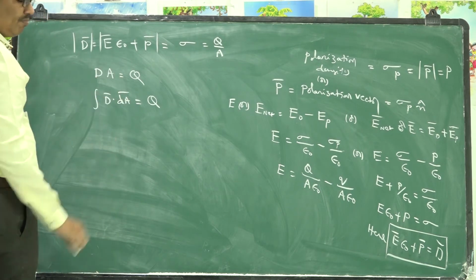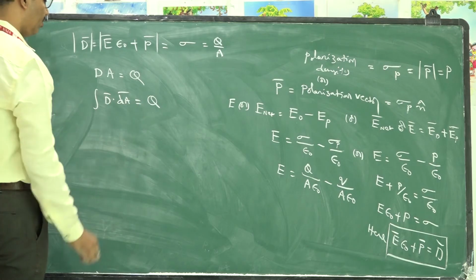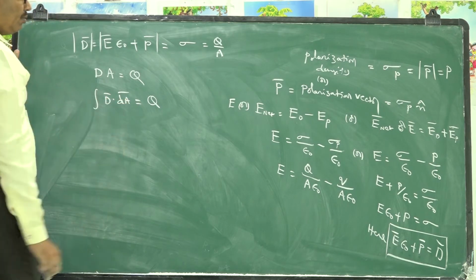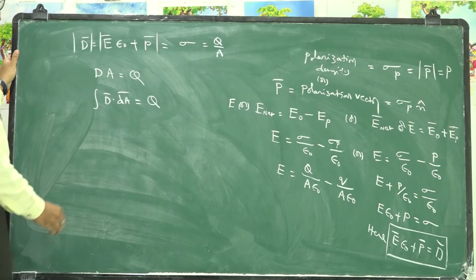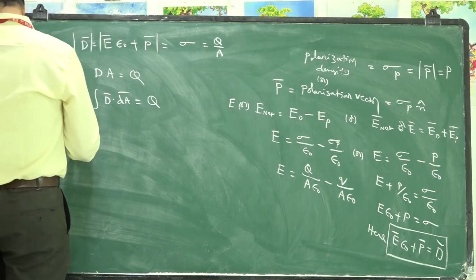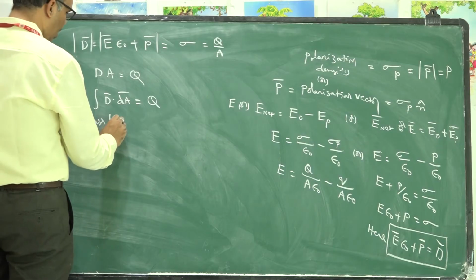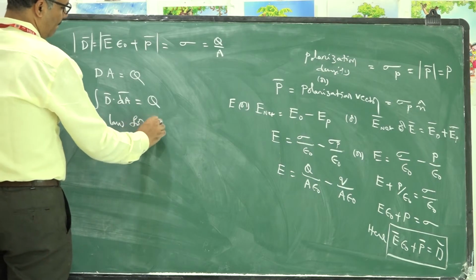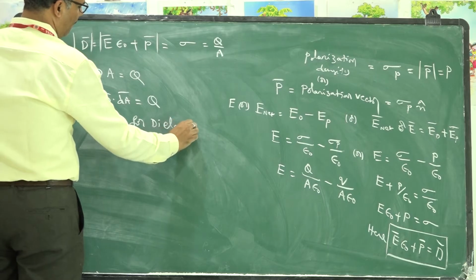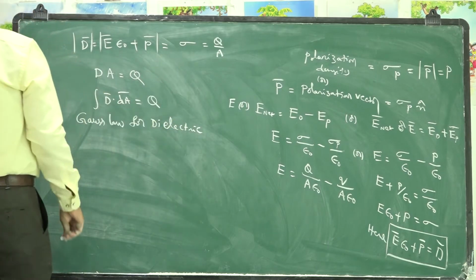Integral dA is A. So in the form of integral D bar dot dA bar is equal to Q, which is called Gauss law for dielectric.